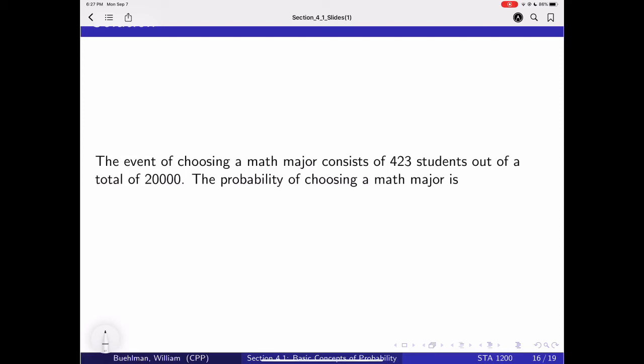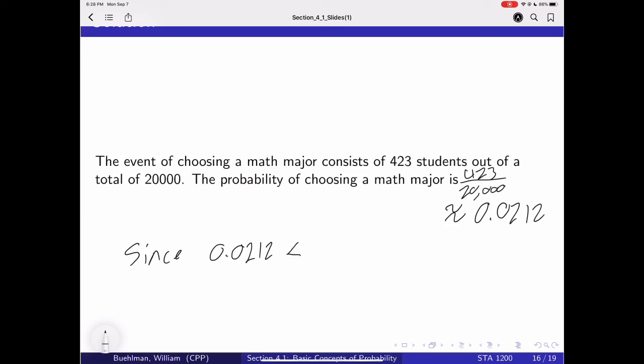The probability of choosing this math major is 423 out of 20,000, which is approximately 0.0212. So since 0.0212 is less than 0.05, this is an unusual event.